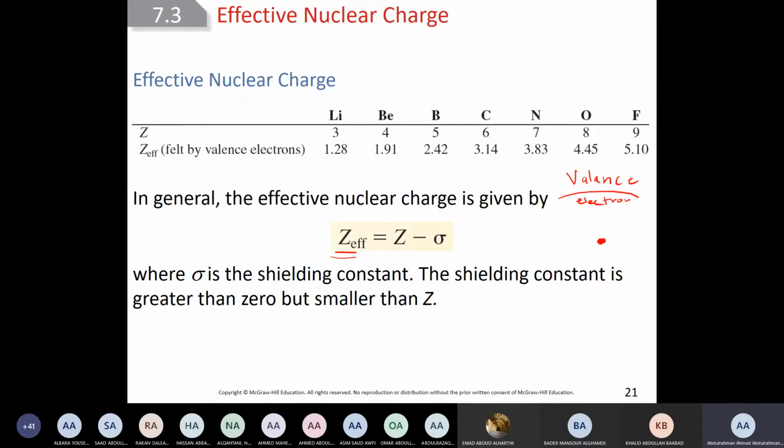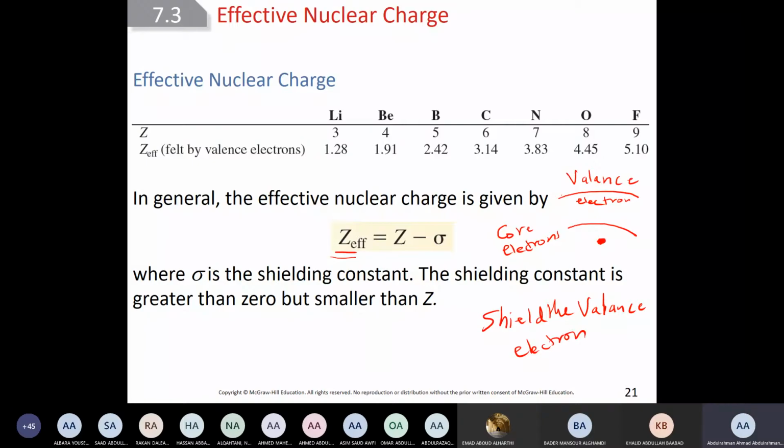Of course, there will be some core electrons inside. The core electrons actually shield the valence electron.